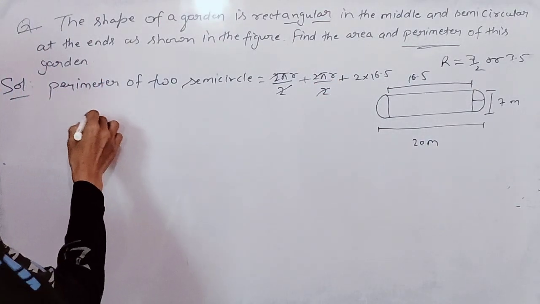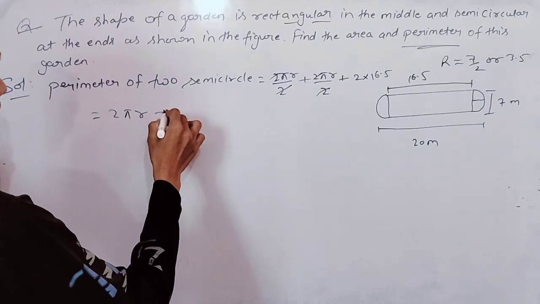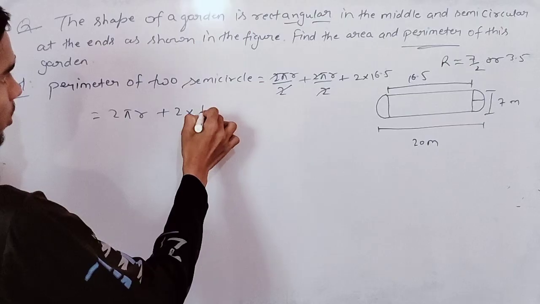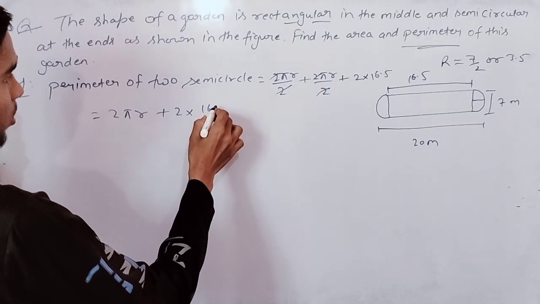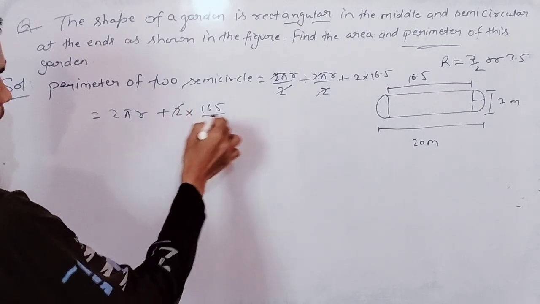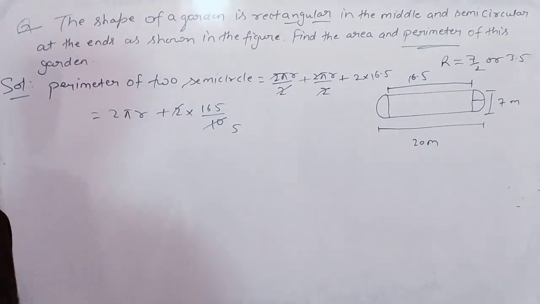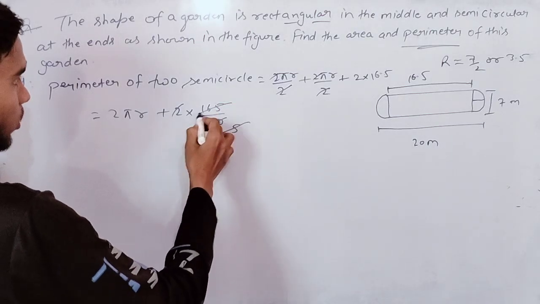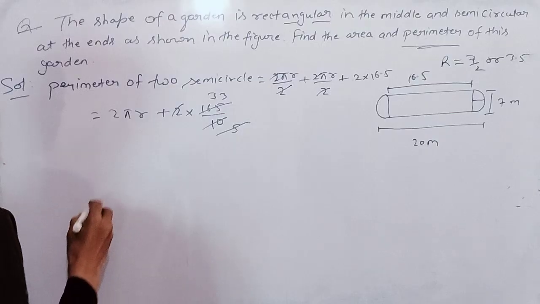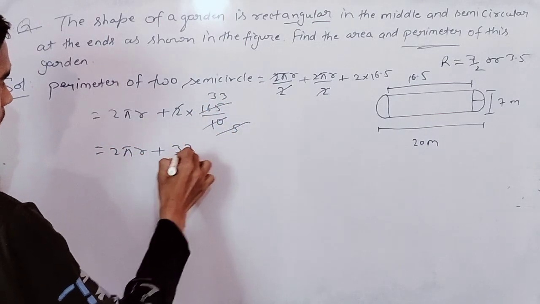Okay. 2 pi r plus 2 multiple 16.5 upon 10. This will cut by 5. 5 threes are 15 and 5 threes are 15. So we have 2 pi r plus 33.